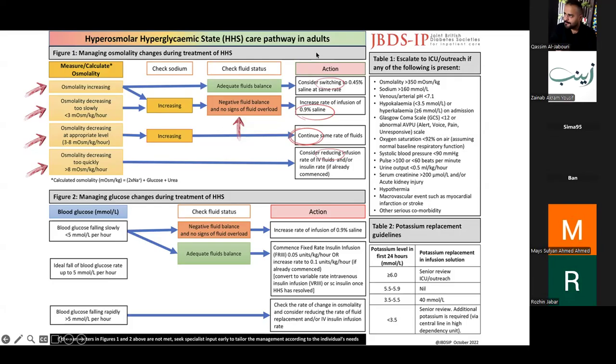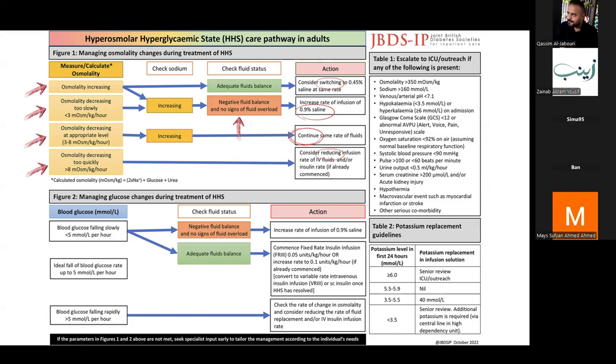We want a balanced, slow reduction to allow the brain cells to accommodate this change in osmolality and change in the pressure between the intra and extravascular fluid in order to avoid any disruption and rupture to the membrane and the neuronal sheath, which will lead to either cerebral edema or osmotic demyelination syndrome.